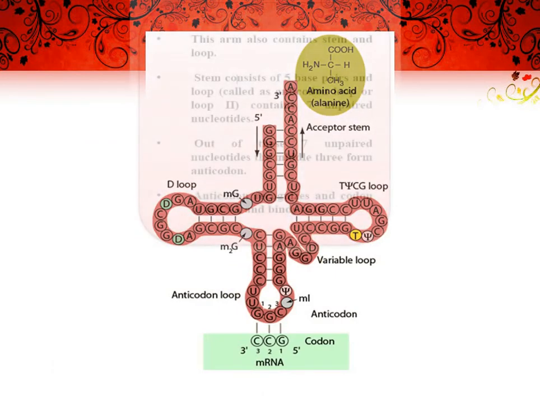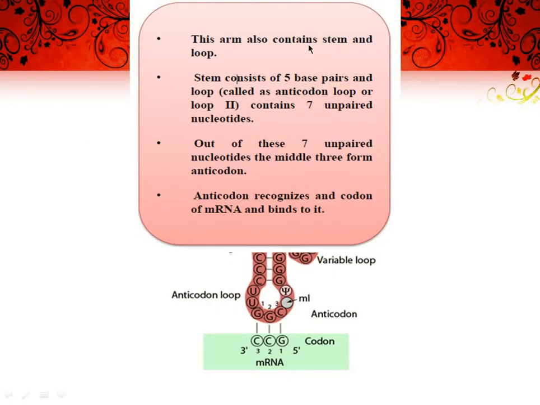Now, the loop opposite to the amino acid binding site we call the anticodon loop. This anticodon loop also has a stem consisting of 5 base pairs, and the loop consists of 7 unpaired nucleotides, and the central or middle 3 nucleotides form the anticodon.